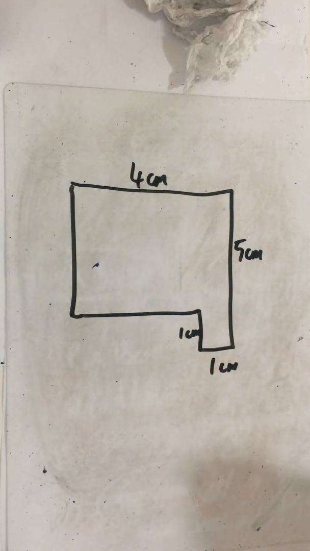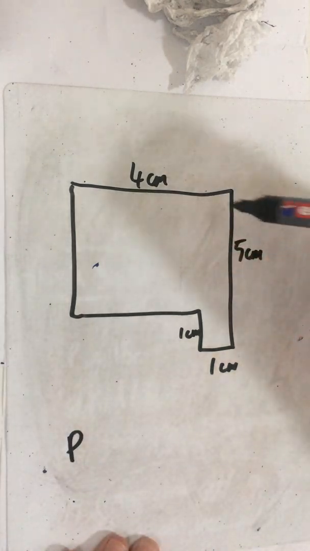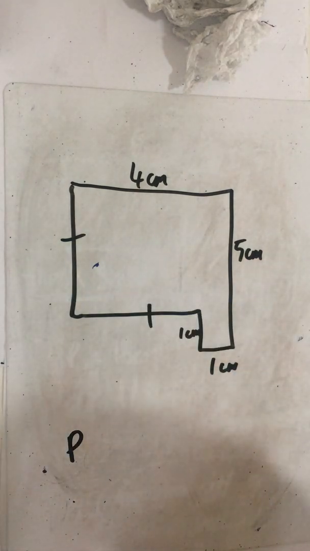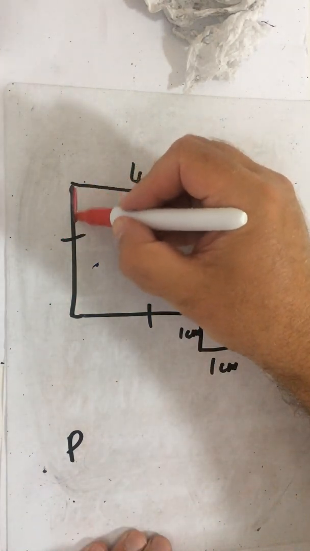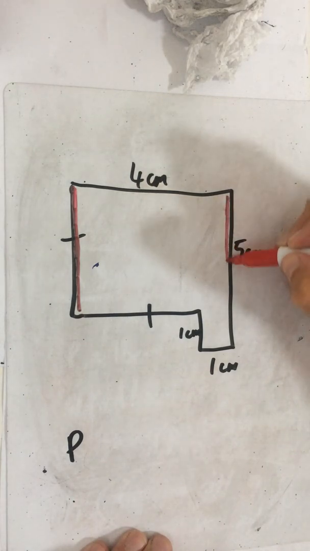Okay, so again I have to find the perimeter first. So to find the perimeter I need all the sides, and look, I don't know what that side and what that side is. So I'm looking, I find here and I'm looking opposite. Okay, so here I'll do this one in red. Now directly opposite is this one.